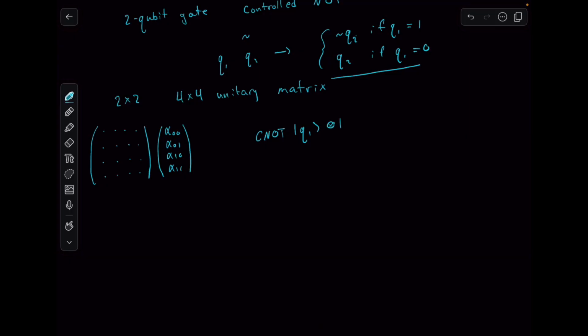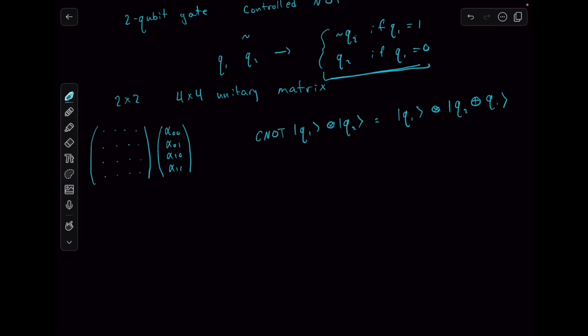Now, let's imagine this CNOT on the state Q1 tensor Q2. Now this can be rewritten like what we've done up here as Q1 tensor Q2 XORed with Q1. And you can work it out for yourself that this will have the same exact action as flipping Q2 on the condition that Q1 is 1 and doing nothing if Q1 is 0.